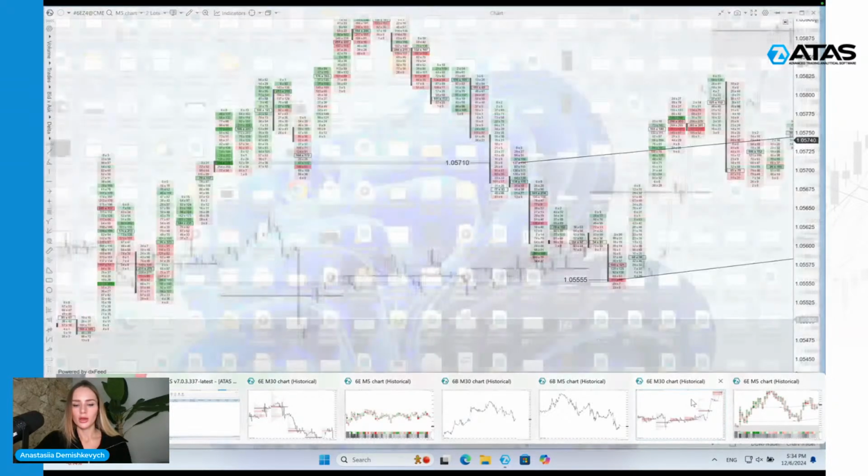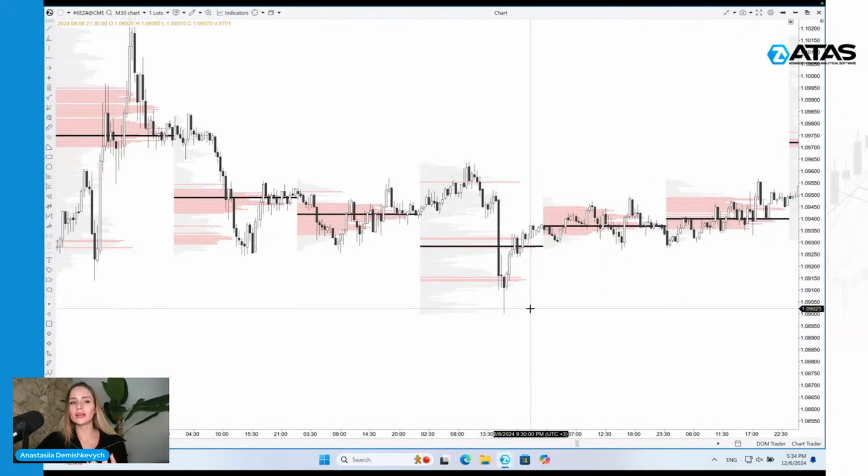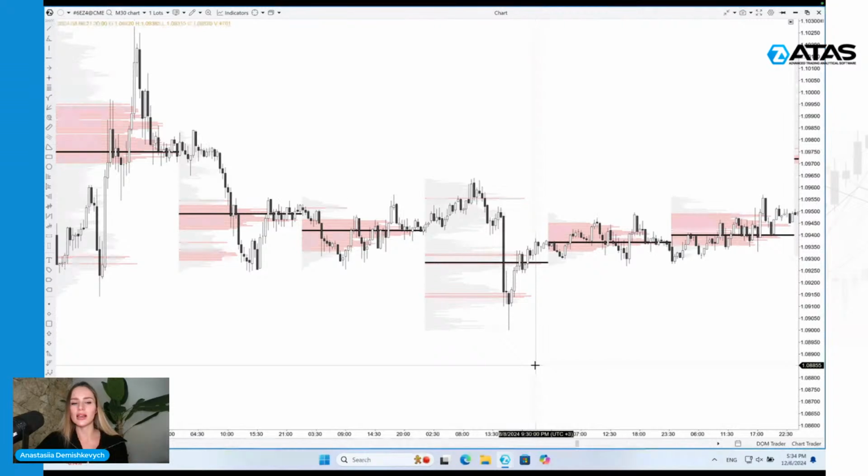By the way, not all wicks are selling or buying tails. This is what I wanted to show you: when the price goes down, even if it has a very long wick and a very weak candle, like a shooting star, for example, it doesn't mean that it is a buying tail.